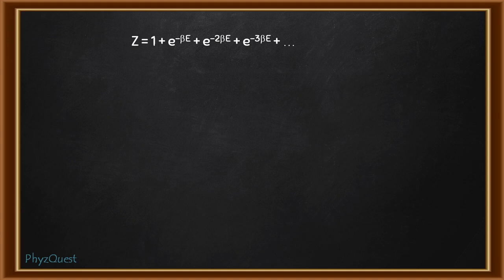We need a specific term, so we have to use a certain mathematical property to evaluate it. The property is that 1 plus x plus x square plus x cube and so on is equal to 1 divided by 1 minus x. So this continuous term can be represented in this single term. We will use this identity.